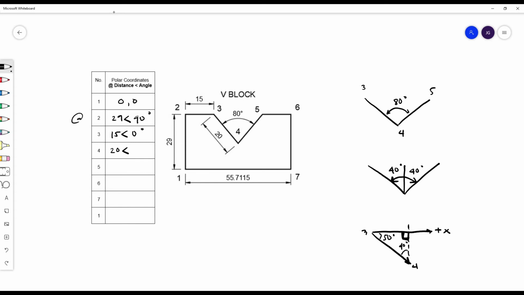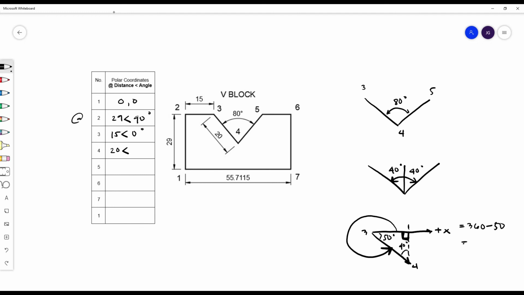If you want to get a positive angle for this one, we can simply draw an arrow towards the distance indicated from our figure. From this, that is 360 minus 50.